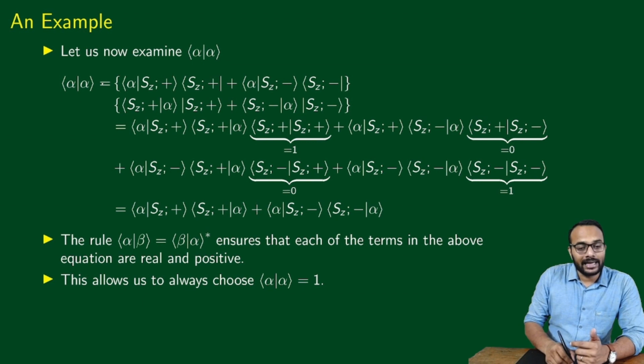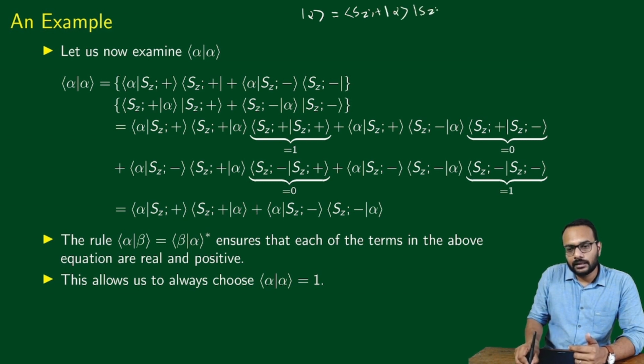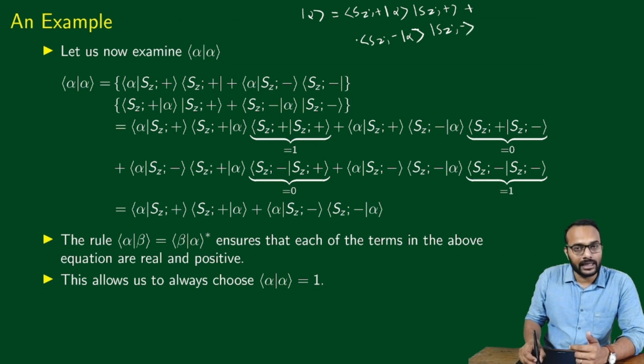So, bracket alpha alpha. We already had ket alpha equal to the component along sz plus times ket sz plus, plus the component along sz minus times ket sz minus. Similarly, we had bra alpha in the same form.